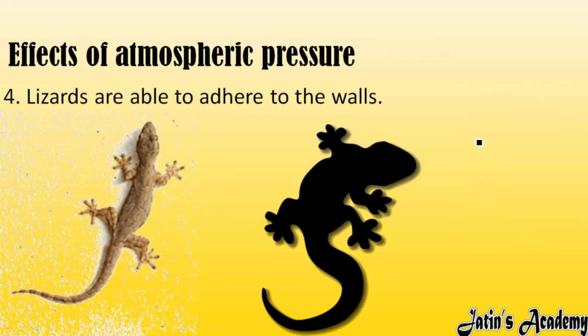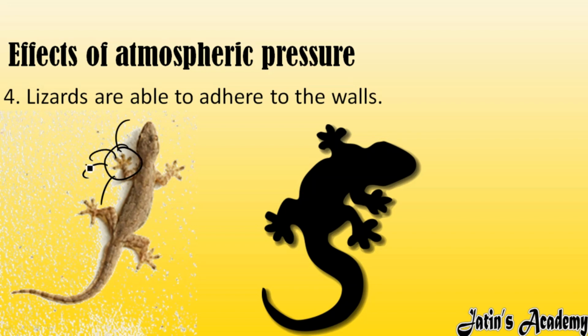Next, we are having lizards that are able to adhere to the wall. Lizards are also able to move on a wall. Why are they able to move on a wall? Actually, these lizards are also using the same principle as the rubber suction pad. Here, their feet are also acting like a rubber suction pad. When they press their feet on a wall, they are sending all the air particles present on the wall outside, which means lizards are creating a region of low pressure here.